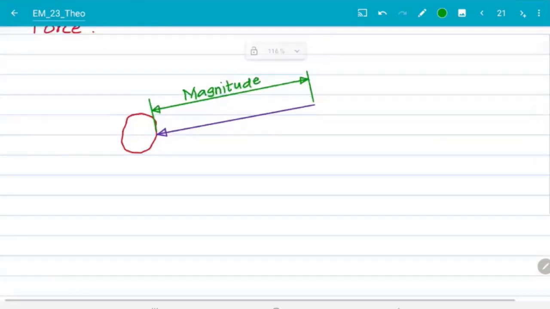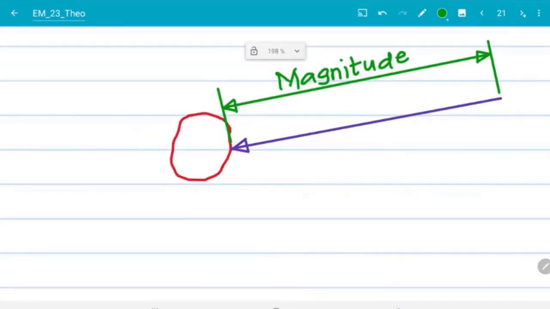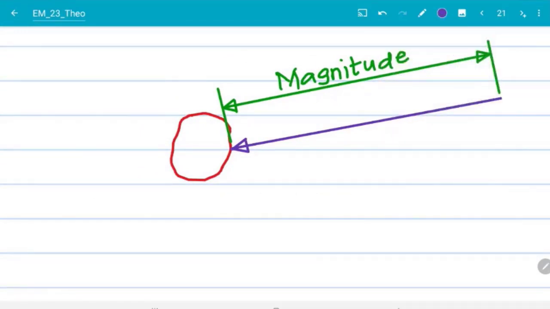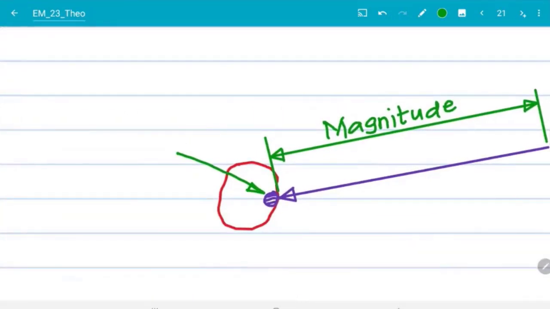Okay, right. Then this point, right? It is called the point of application.